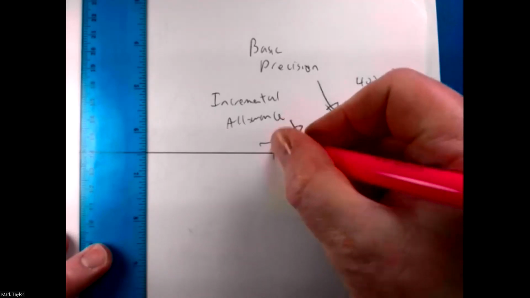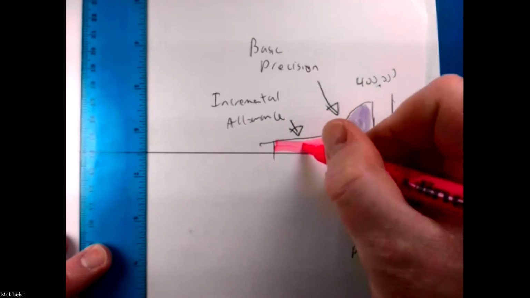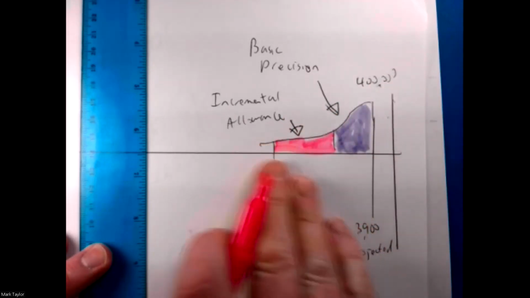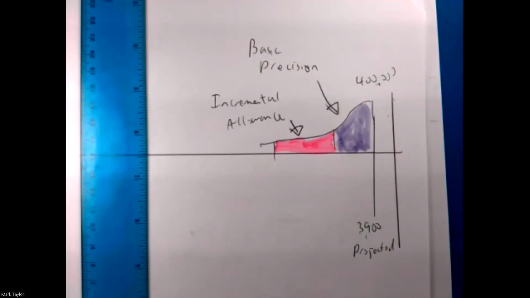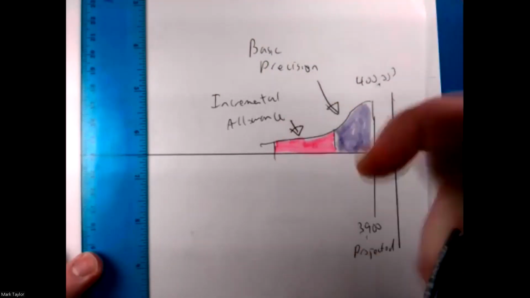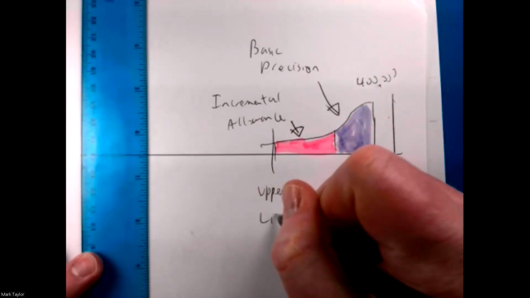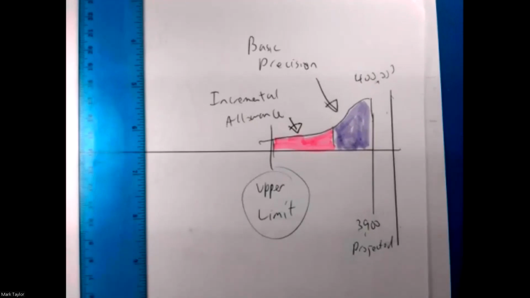Incremental allowance is if there are errors. Notice that if nothing was misstated, there'd be nothing in the incremental allowance, because this is based on misstatements. So if there were no misstatements, this is what we'd be looking at for the upper limit. But these two together will give us the upper limit as far as what this could be off by.